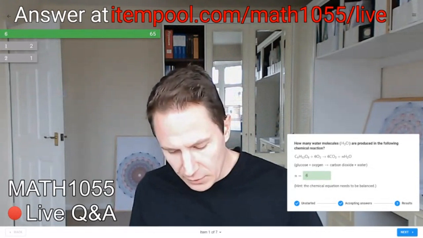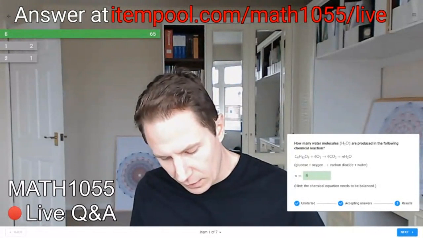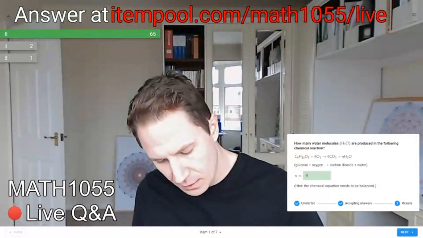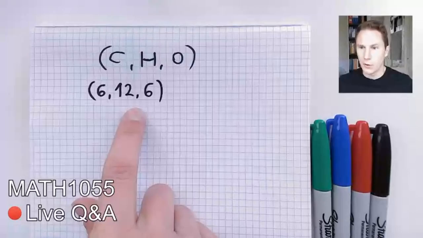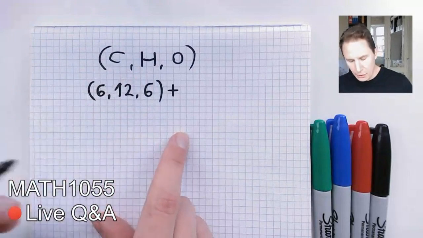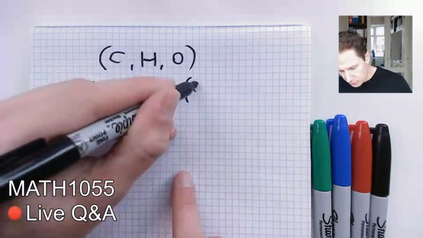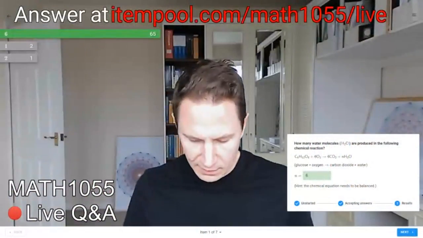The first thing you have is 6 carbon atoms, 12 hydrogen, and 6 oxygen. So for example, glucose would be represented by this vector. And to this we add, what do we add? Oxygen, I think 6 of those. Well, they come in pairs, so something like this thing, I suspect. Yes.